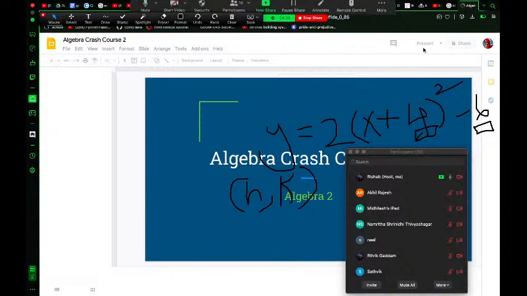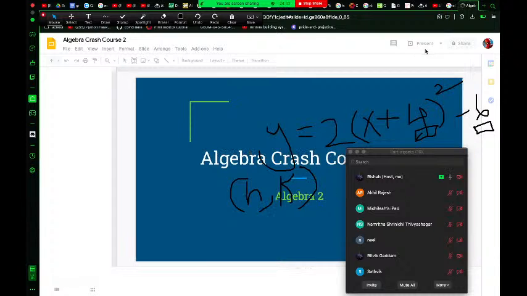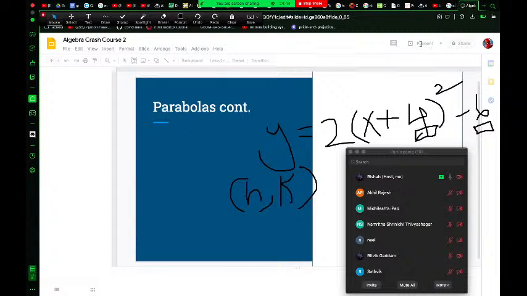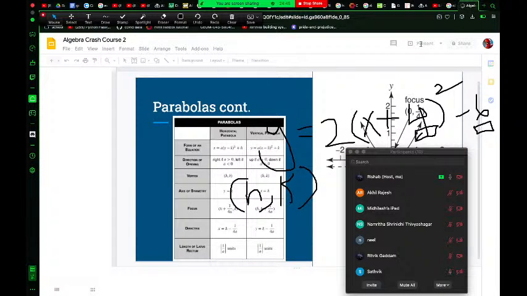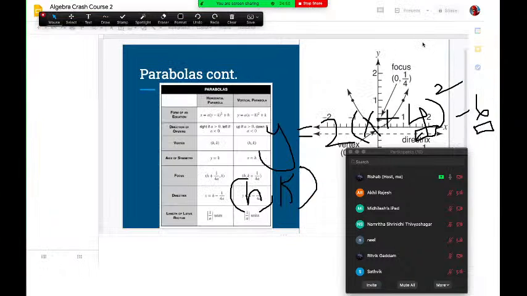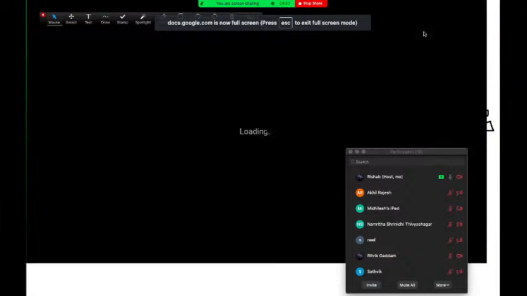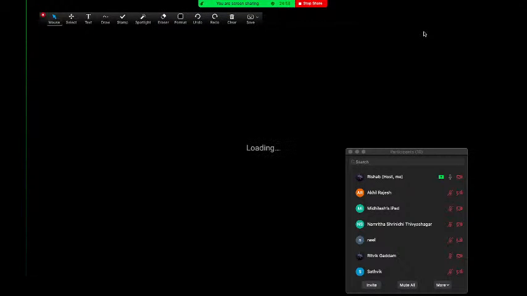Here it is, it's going to load for a little bit. Does anybody know if the live stream is working? It's showing me the OBS Studio.